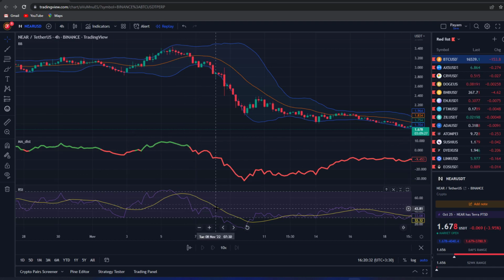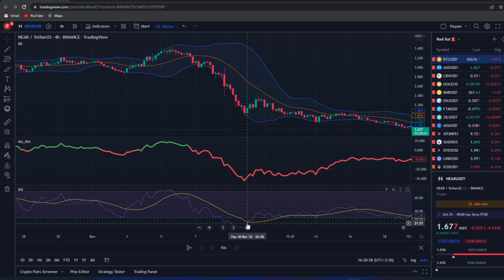The RSI, I've told you guys in my other videos. If you haven't checked it, please go back to the previous videos with different indicators. I have used this RSI over and over again. It's just about this yellow line and this purple line over here. Sorry, I'm not really good in colors. I'm not sure if this is purple or not.